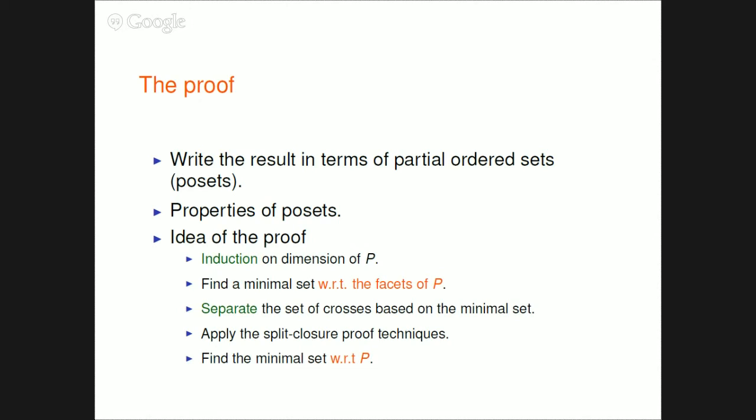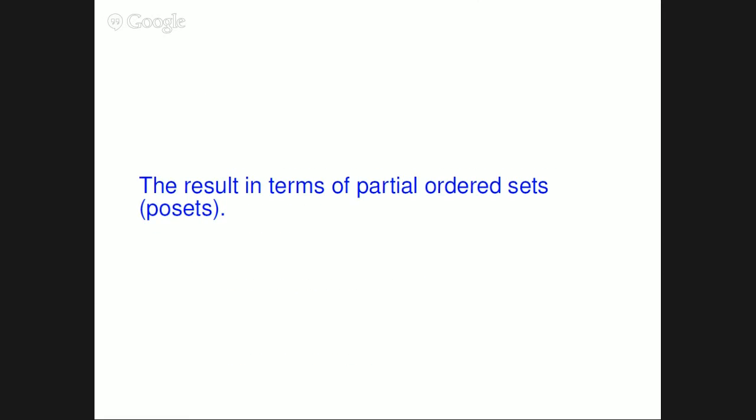When we do that, we do very similar things to the first two proof techniques: we use induction, we find a finite set of minimal elements, etc. But we first need to understand this more general terminology. So let's write the result in terms of this partial order business.